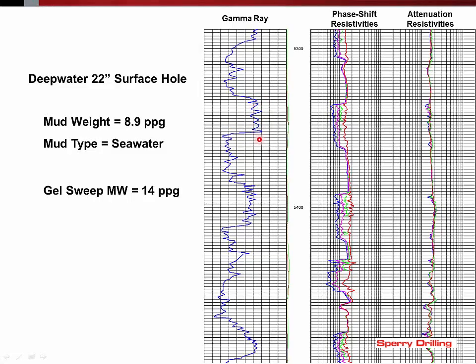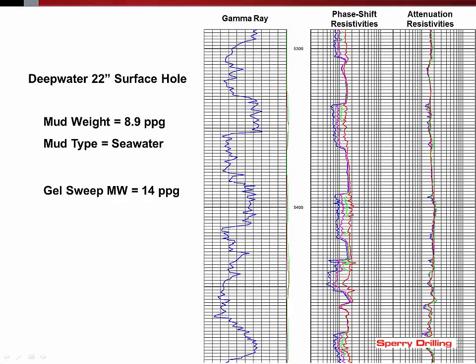Now, if we were careful with our processing, we could correct for all of this. If we knew exactly what time the sweep or the seawater was reaching the tool, we could in principle apply corrections to bring all this into line. But in practice, that's nearly impossible, because to know exactly when a sweep reaches the tool downhole is very hard to do.